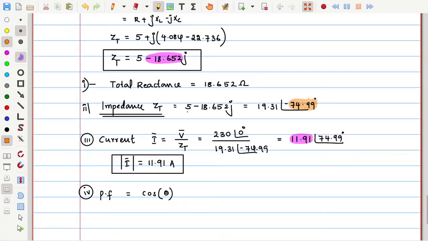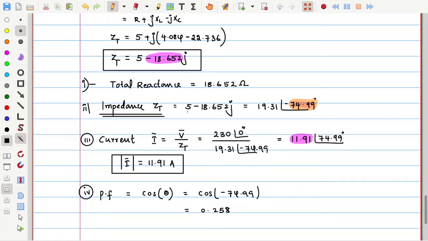Minus 74.99. So now we can put that over here: cos of minus 74.99, but whether it is minus or plus doesn't matter. This negativeness is expressed, I will tell you. First find this value, cos of 74.99. How much is this?